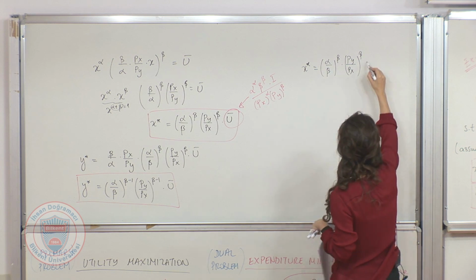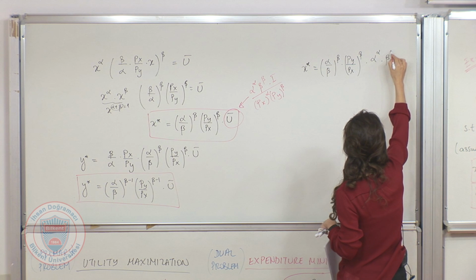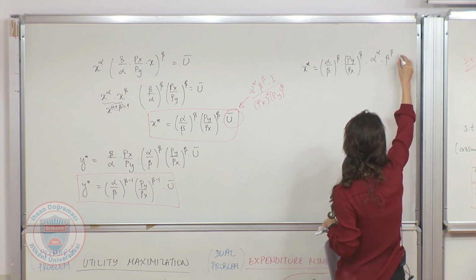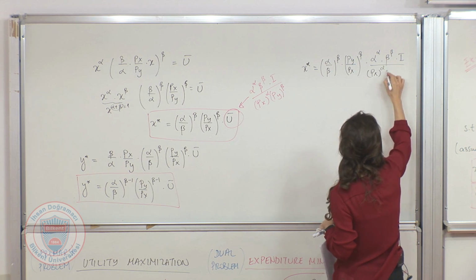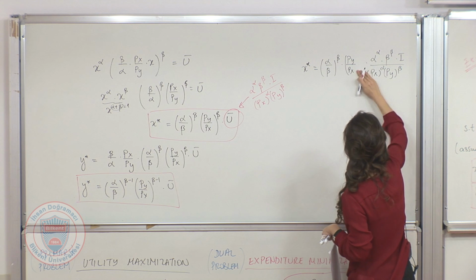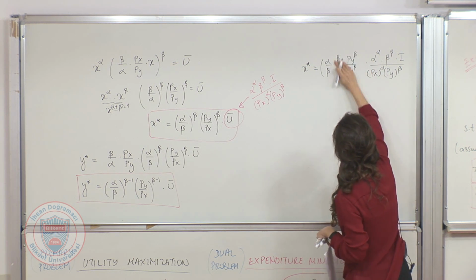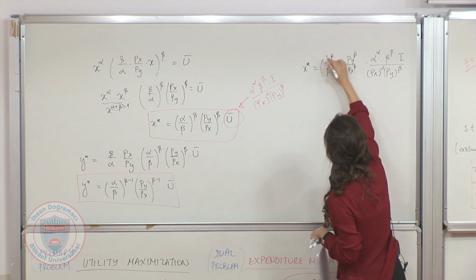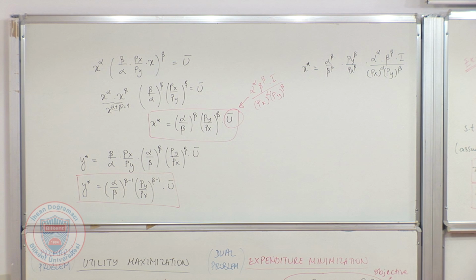Instead of u bar, I write this: alpha to the power alpha, beta to the power beta, times I divided by px to the power alpha, py to the power beta, okay? So let me write these guys like this: px to the power beta, alpha to the power beta, beta to the power beta, okay? I didn't do anything, I just did this so that you can see all the cancellations, okay?